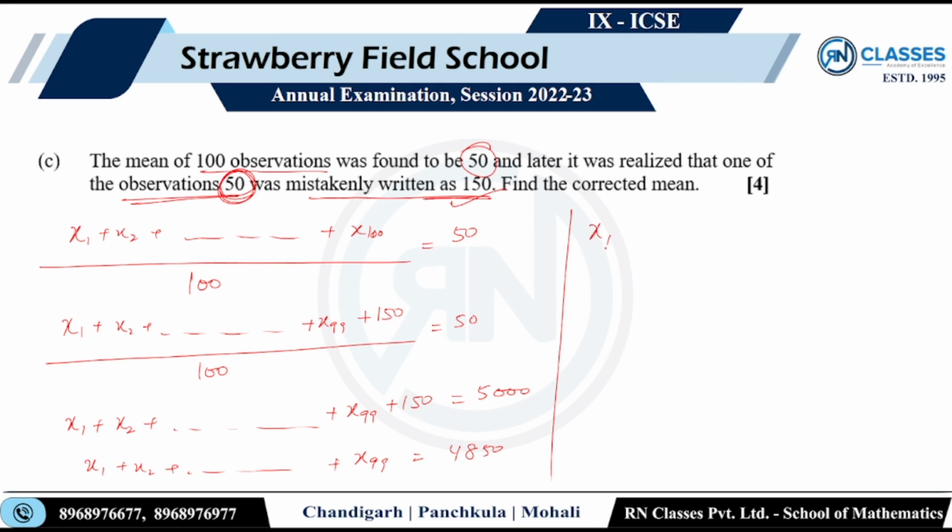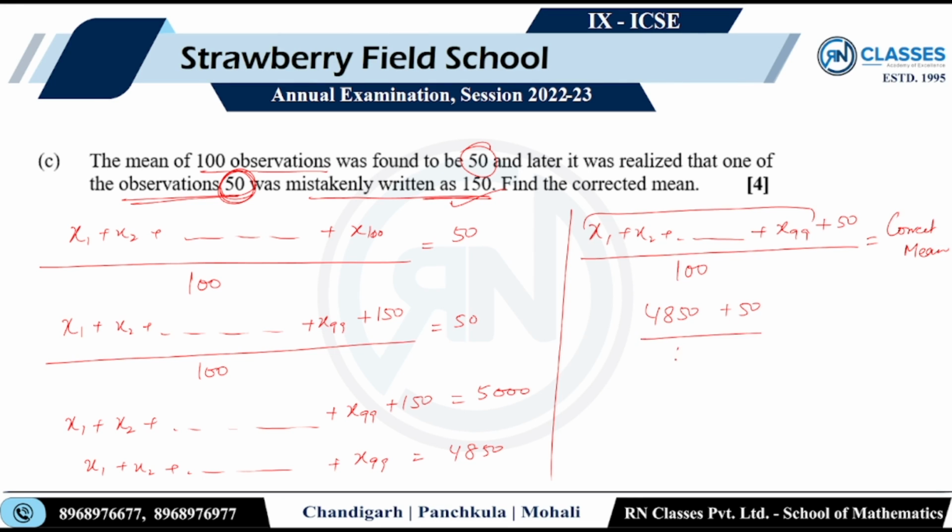मतलब कि x1 x2 till x99 plus 50, ठीक है, डिवाइडेड बाय टोटल नंबर ऑफ ऑब्जर्वेशन दैट वाज 100. ये मेरा करेक्ट मीन आ गया, राइट? सो x1 till x99 मिल गया मुझे, यस, 4850. इसी के लिए तो रखा था वहां पे, प्लस 50 by 100.